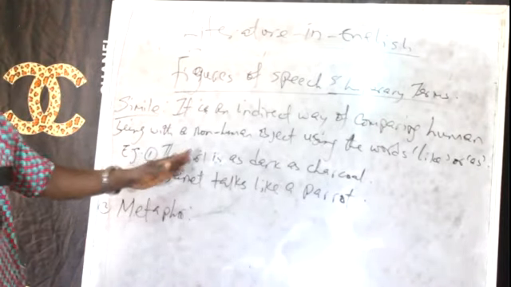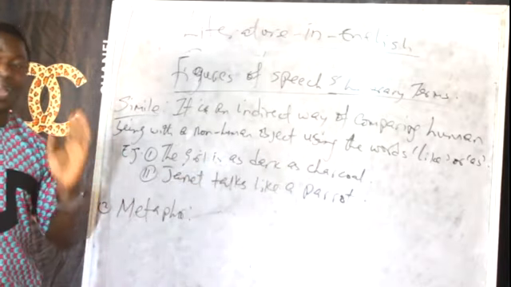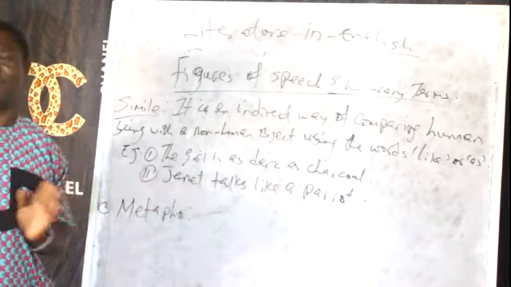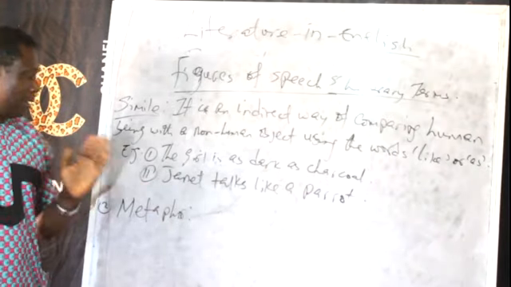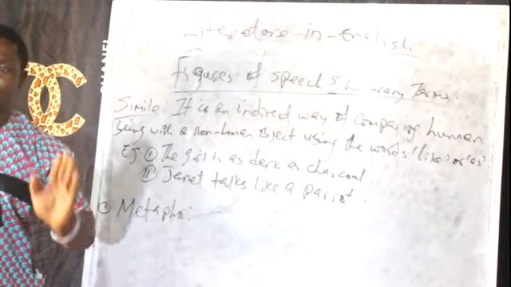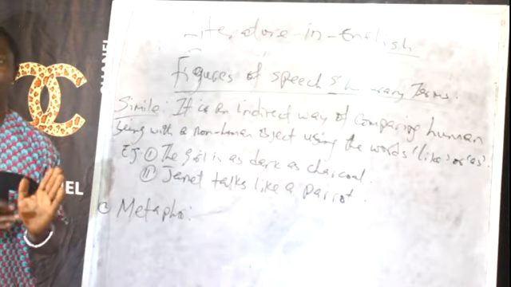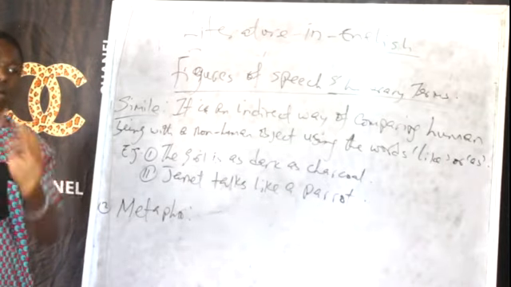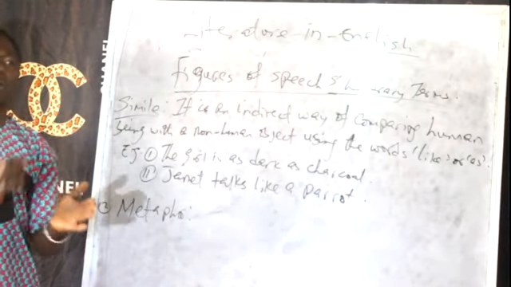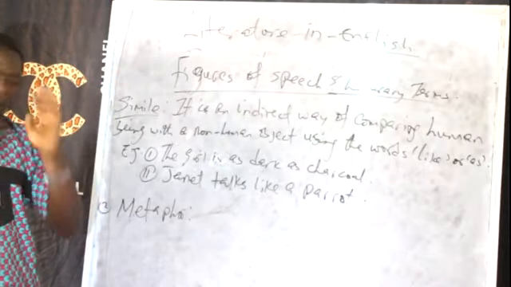Here we said the girl is as dark as charcoal. Another we say the girl is a charcoal. Janet talks like a parrot. Another we say Janet is a parrot. So that's a direct way. There is no use of like or as. You just call the person the object you are comparing the person with.